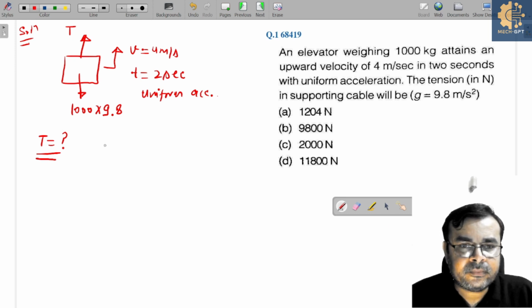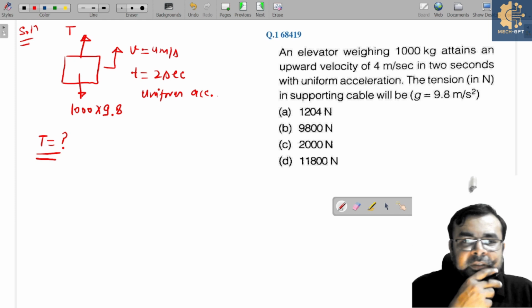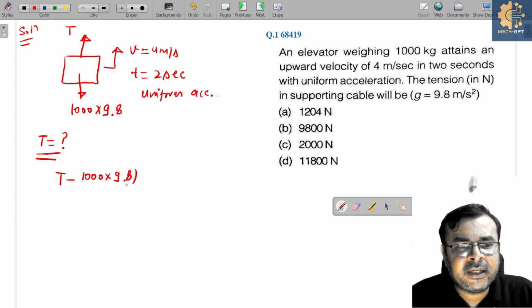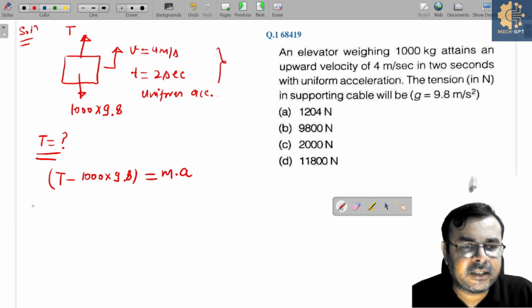So what we need to do, we need to calculate T, yes or no? So can I say net force is nothing but T minus 1000 into 9.8, which is equal to mass into acceleration, yes or no? And what about acceleration? You can see this information is given here.